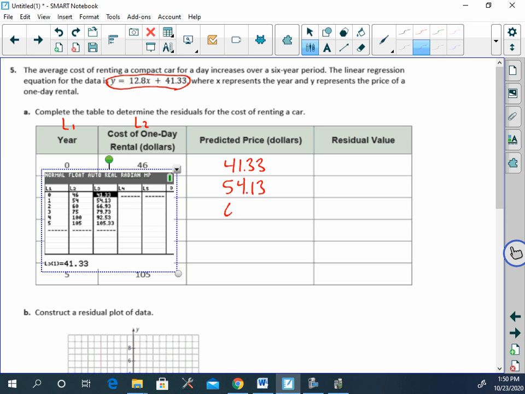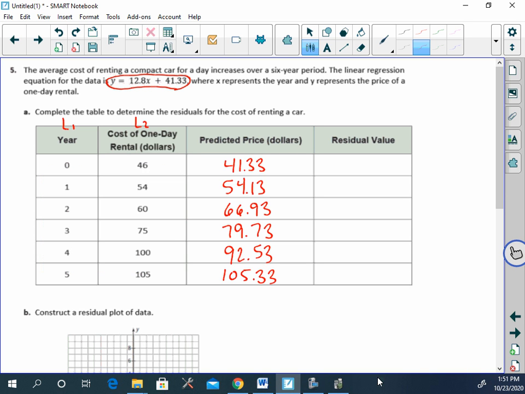So go ahead and get those written down. Okay, so I've got that written down. Now I'm going to delete this. It's still in my calculator.